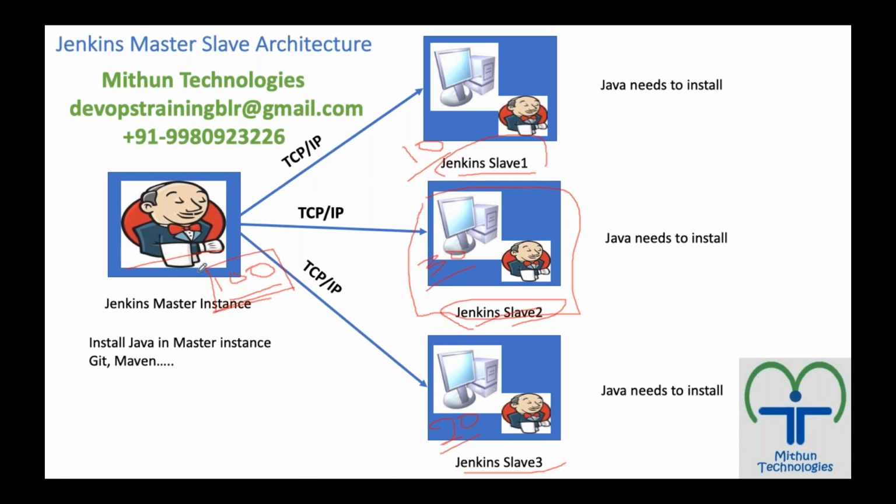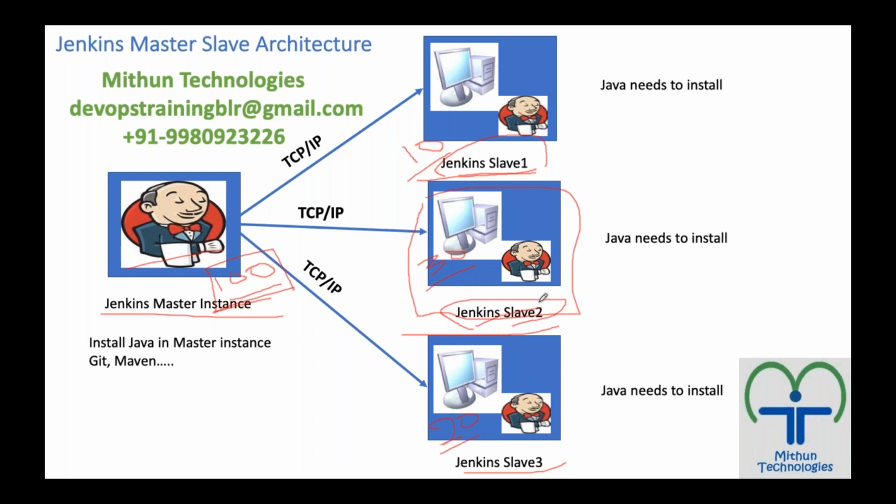So if you want to implement this master slave architecture, these slaves we are going to create in another Linux server. See, currently we are using one Linux server. There we install this Jenkins master instance, right? But in the same Linux server, are we going to create these slaves?